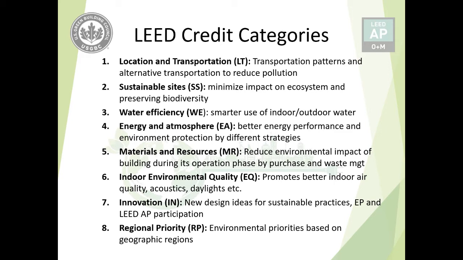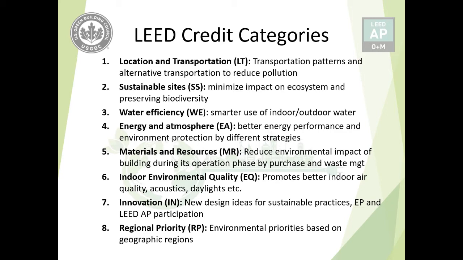Water efficiency is always about being efficient in the use of water, not only indoors but also outdoors. Energy and atmosphere is, in terms of the number of points, the biggest category, and it focuses on smart use of energy, better energy performance, efficiency, and environmental protection.